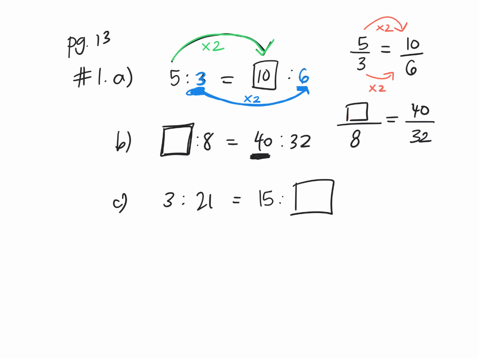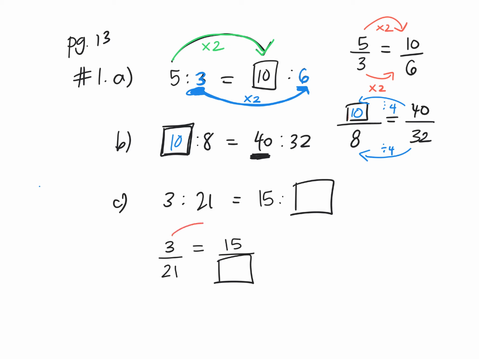You worked backwards for this one. You did 32 divided by 4 is 8. Excellent. You did the same thing with 40. So you had to divide by 4. 40 divided by 4 is 10. To put in lowest terms, so I can write it as a fraction. Instead of writing 3 to 21, I can put 3 over 21 equals 15 over something.